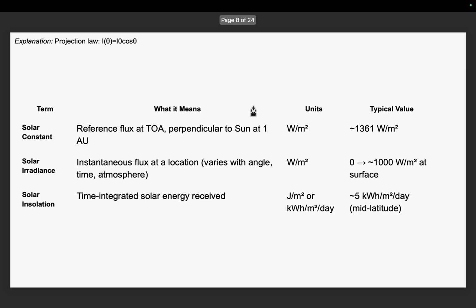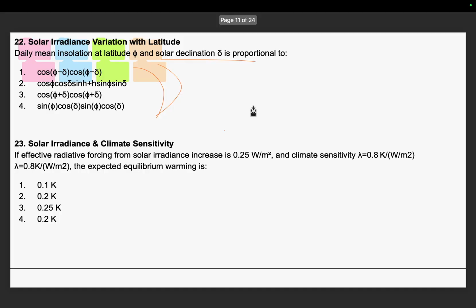We will not discuss how this equation comes, but daily mean insolation has a dependence on three factors: h, phi, and delta. Any option containing these three will be right. Question 22, option 2 is correct.